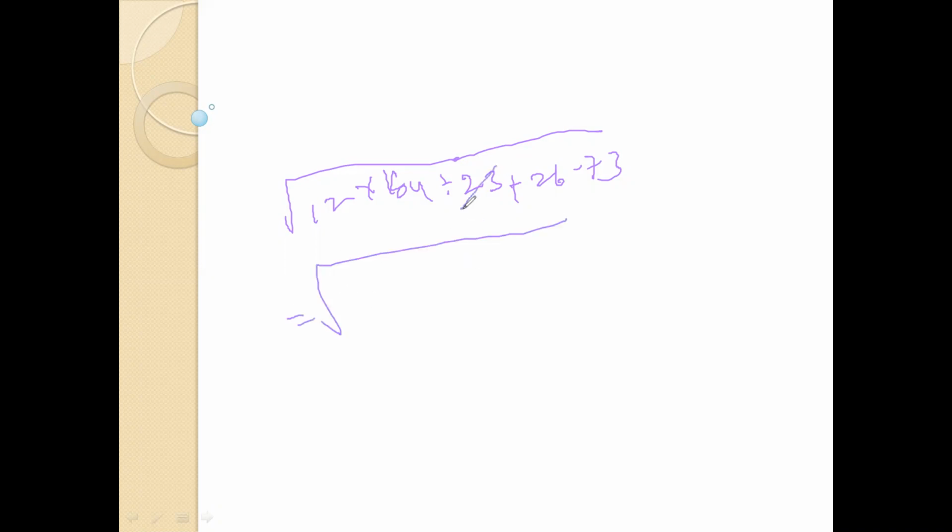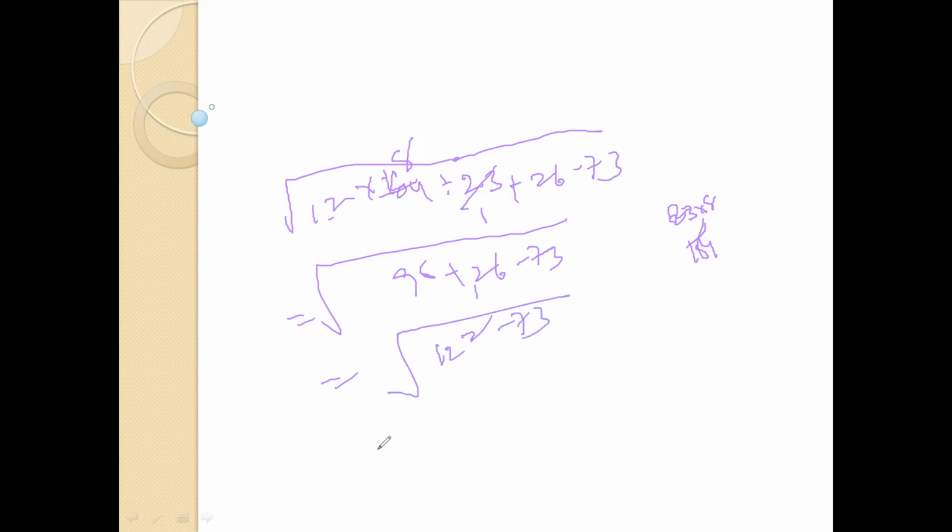First divide this one. 23 8s are 184. 12 8s are 96, plus 26 minus 73. 96 plus 26 is 122, minus 73: 12 minus 3 is 9, 11 minus 7 is 4, so 49.